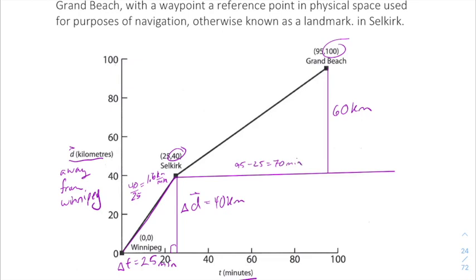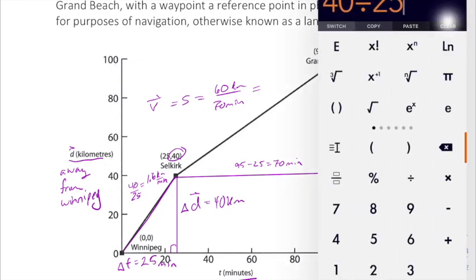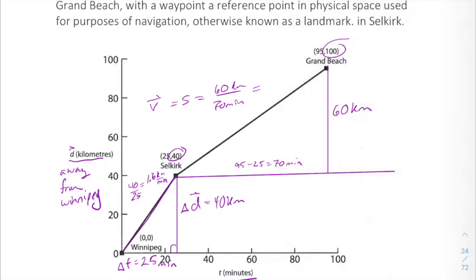So that means that we have a slope equals 60 kilometers divided by 70 minutes, and this slope is also their velocity. 60 divided by 70 gives you 0.86 kilometers per minute. And that's a really peculiar thing, because why did they slow down, right? So this is slower. Maybe they got a flat tire or something, but this section is slower, and this section is faster.